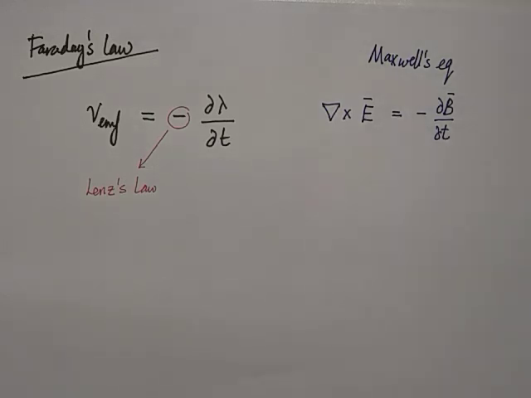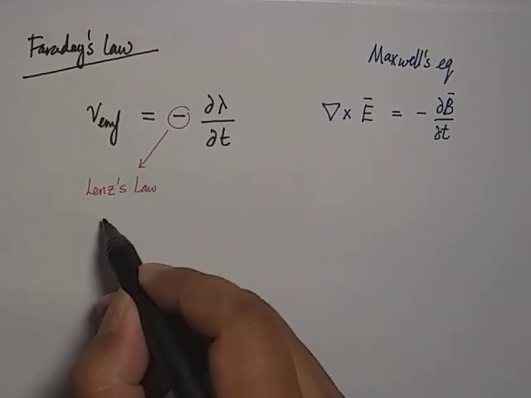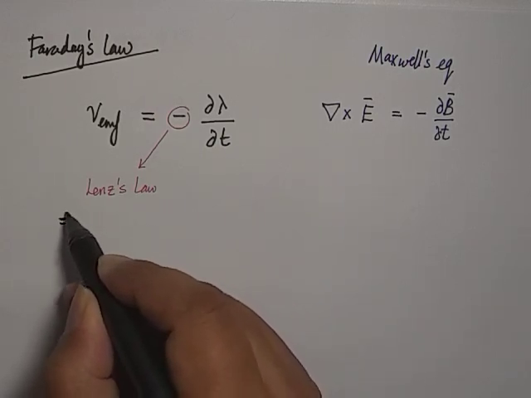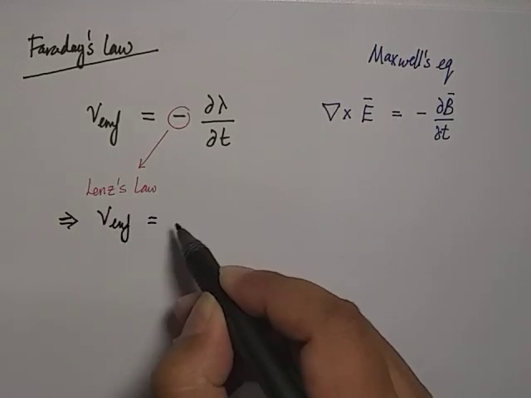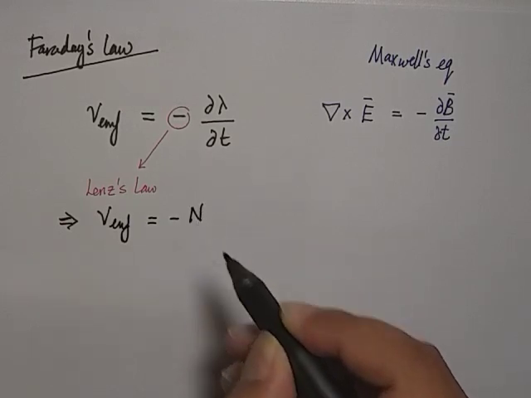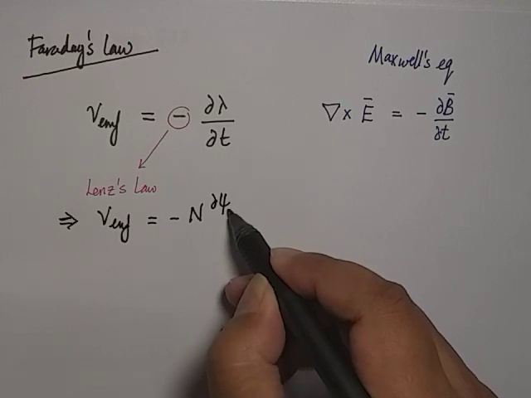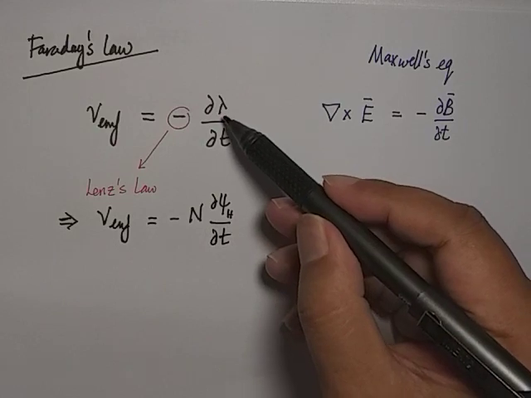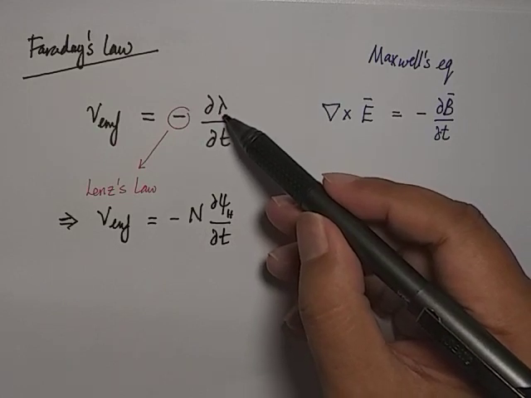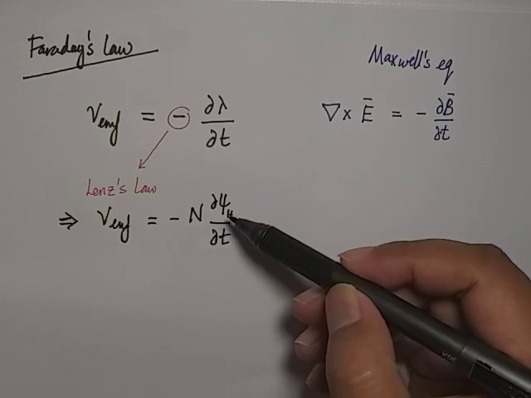To prove these equations, we have to rewrite this equation in more detail. If we write it in more detail, we can denote that VEMF is equal to negative N times the magnetic flux over dt, where N is the number of turns in our problem. Remember, the notation here is known as flux linkage, which is equal to the number of turns multiplied with the magnetic flux.